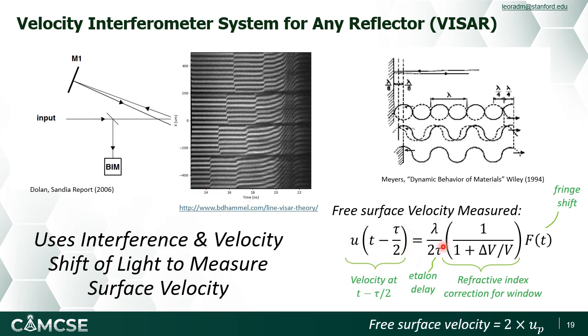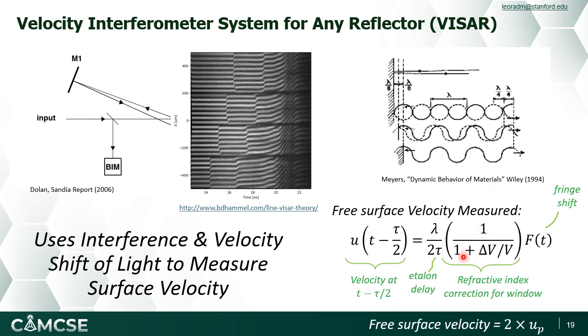So the free surface velocity measurements can be derived, and they end up taking the form like this, where based on the change in the fringe spacing, so the shift of the fringe, we can connect that back at any given point in time to the Etalon delay that is creating our reference sample to reference delay that generates our fringes.